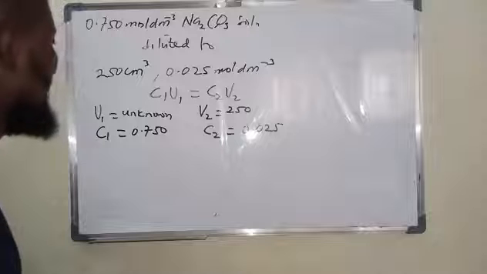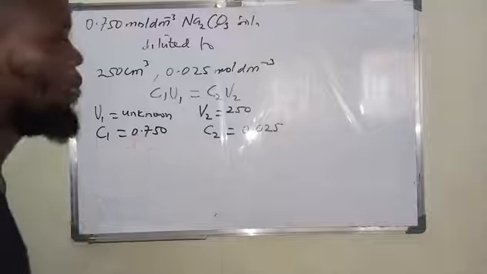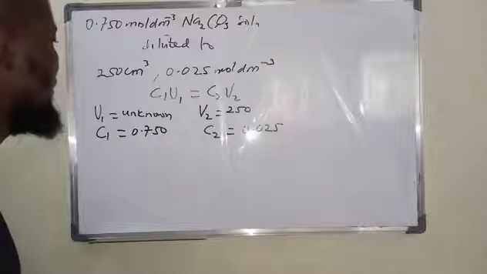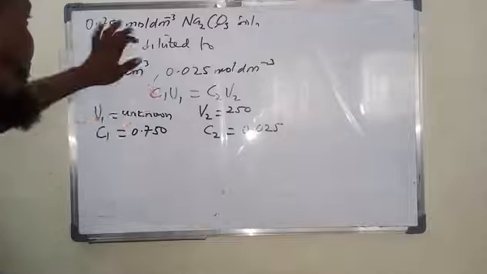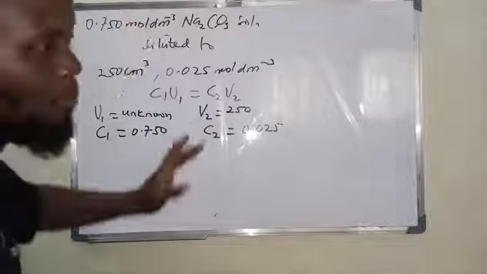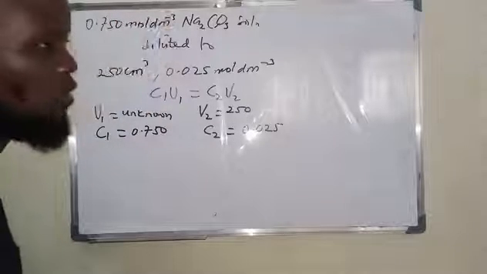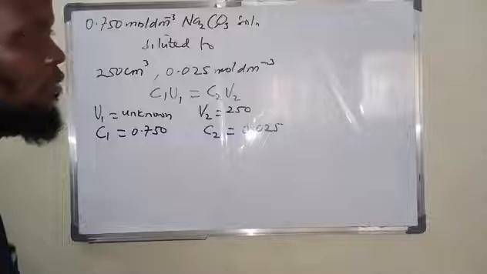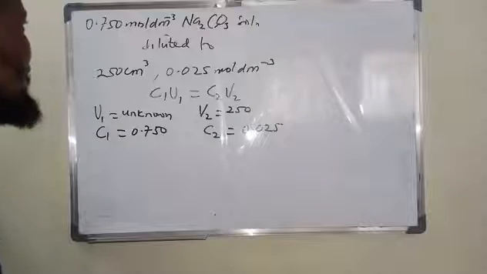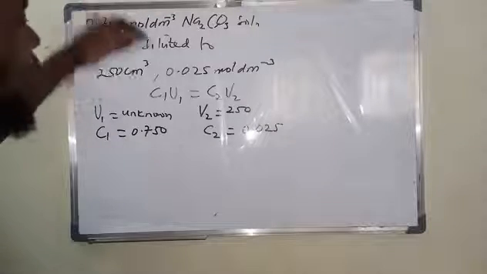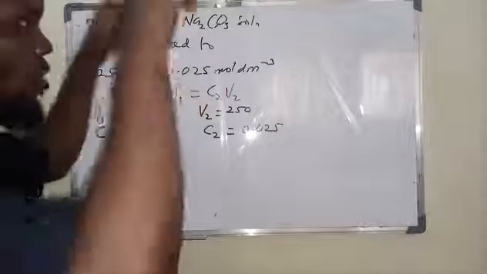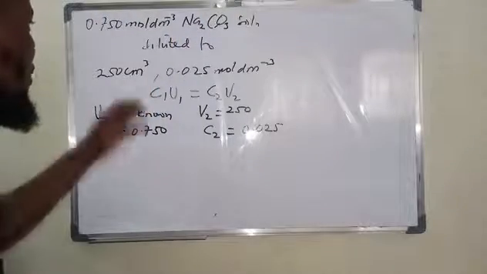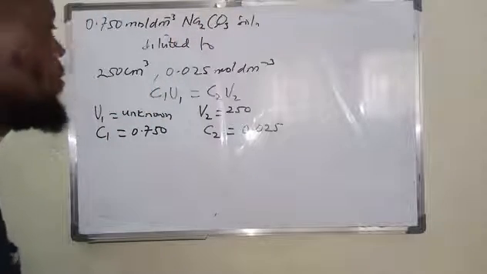So what we just do is substitute and find it. Take note, mole per dm cube is the unit of concentration. The concentration is actually a measure of the amount in mole of the solute in 1 dm cube of the solution. And cm cube is a volume unit.